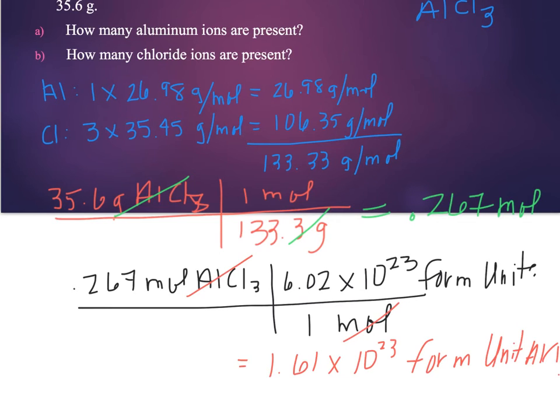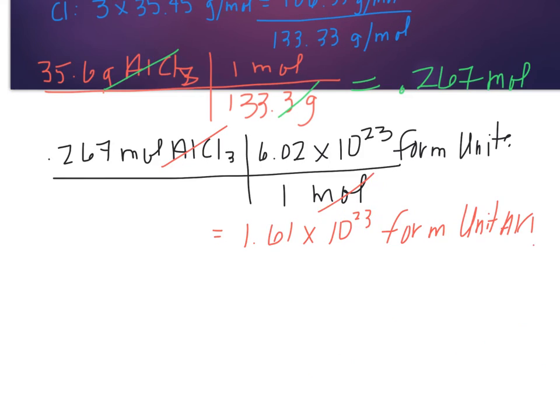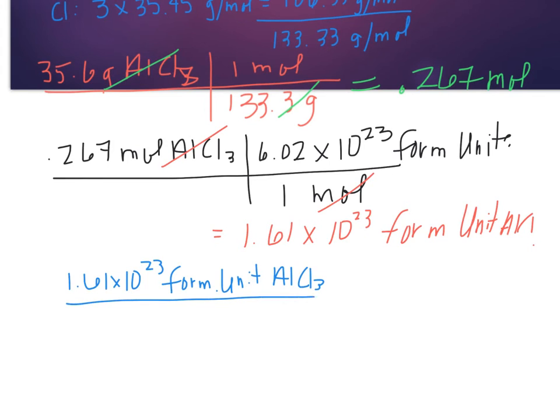For aluminum ions, we're going to start out with our 1.61 times 10 to the 23rd formula units of AlCl3, and we're going to use this along with the number of ions that we have.